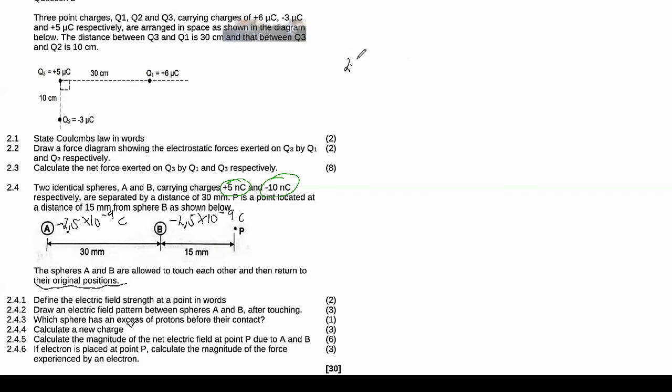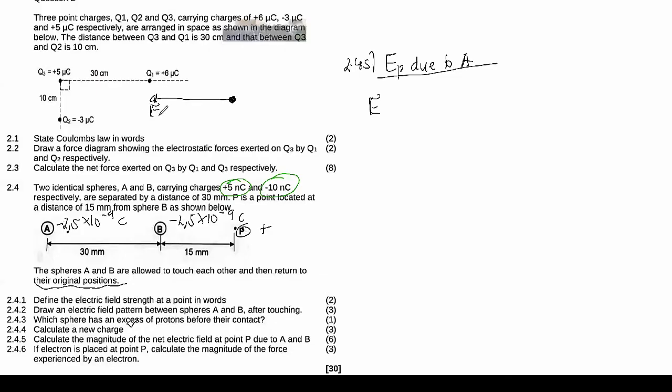So how am I supposed to calculate that one? I'm trying to calculate the electric field of P due to A. We know that the point charge is always positive, but if the point charge is positive and A here is negative, that means the point charge will be attracted towards A. So indicating the free body diagram, this would be what happens.